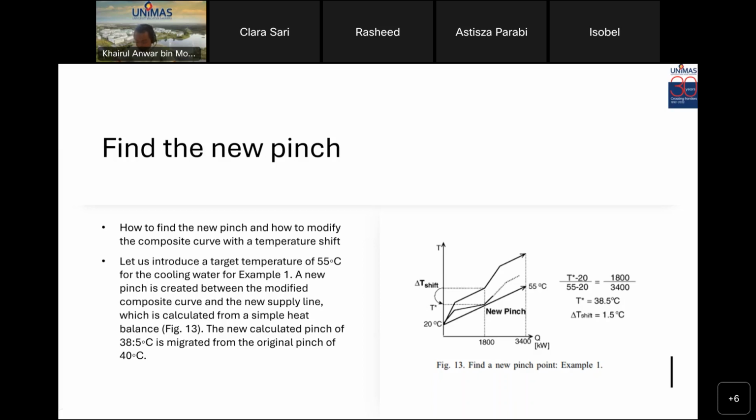It is necessary for individual duties to apply a temperature shift for modification of the composite curve. Cooling water streams 1, 2, and 3 take part in creating the original pinch, which means streams 1, 2, and 3 are the candidates for temperature shift.